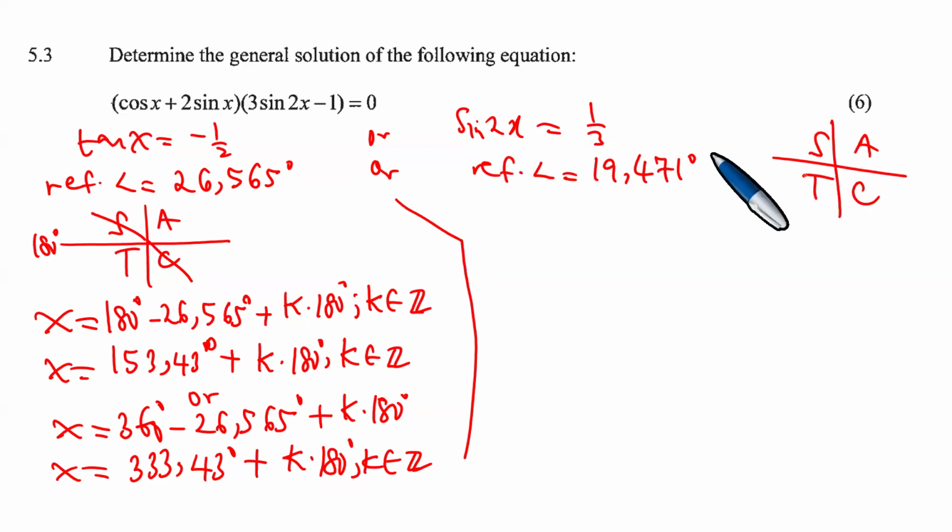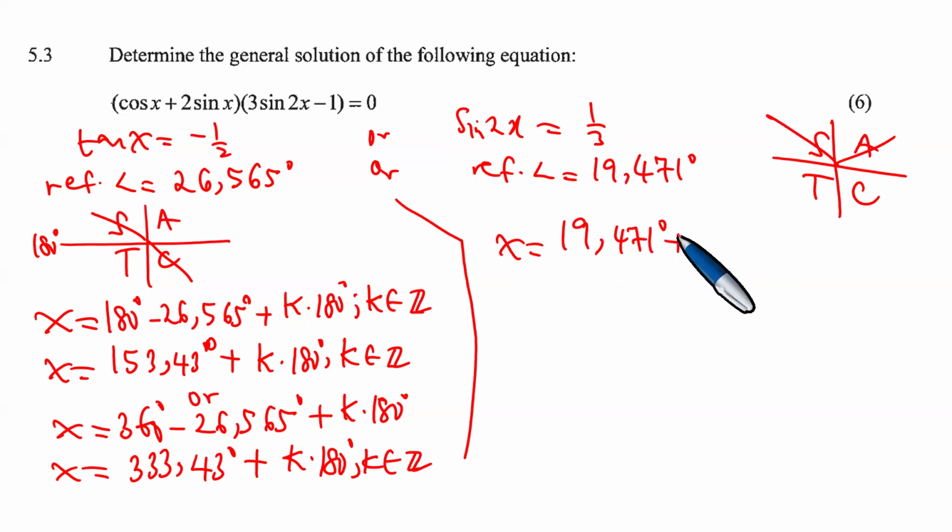At this point, we know the sign is positive here because sine 2x is positive 1/3, and we found the reference angle is positive in the first and the second quadrants, which therefore means that our x here is actually 19.471 degrees plus.